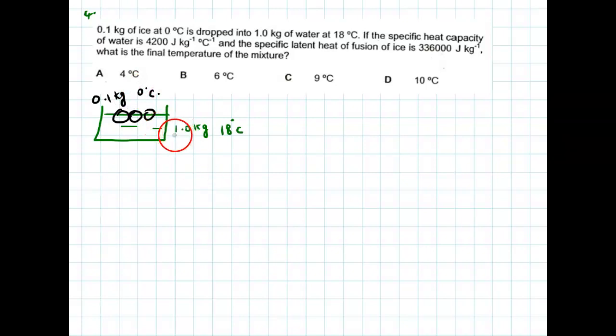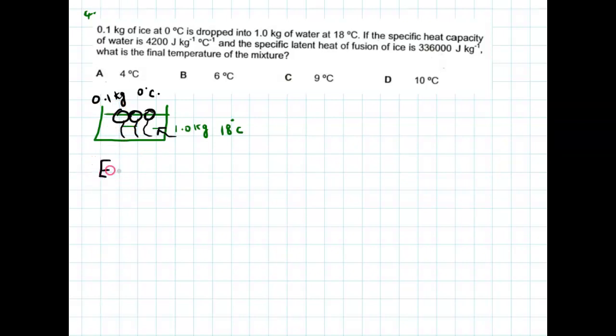Now the highest heat energy is in the water. Here is the lowest heat energy. Heat energy will transfer from hot to cold. So the ice cube will receive heat energy. Water releases heat energy. So first we have to find out the total energy the water has.